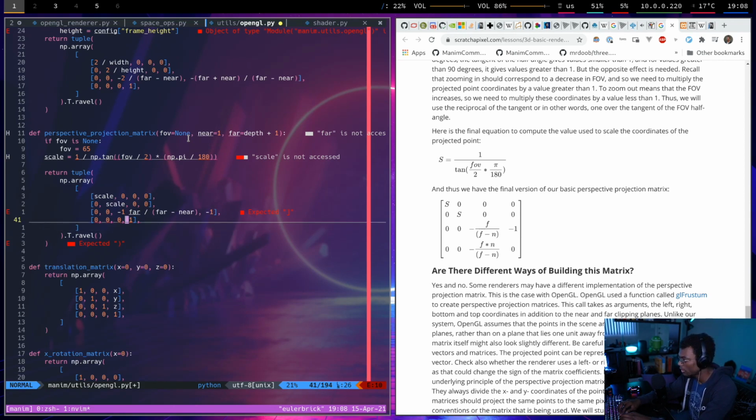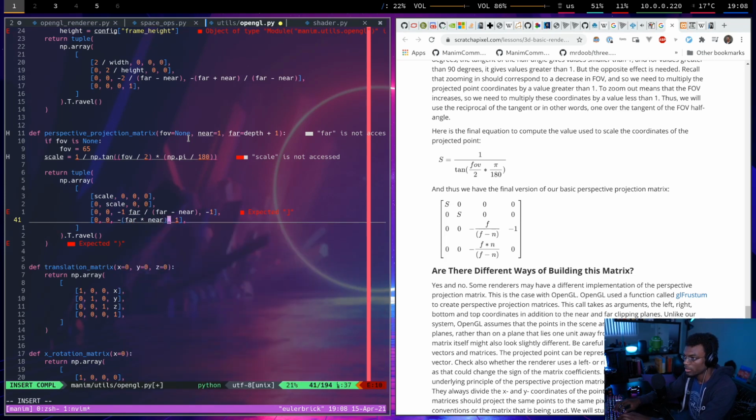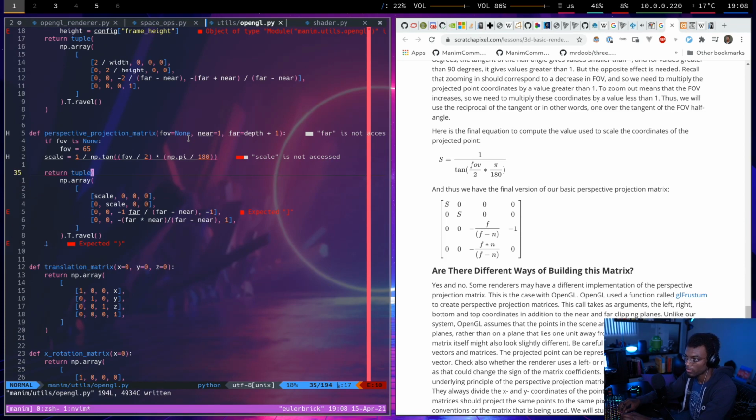And then here we have negative far times near divided by far minus near. The fact that this isn't auto-formatting makes me nervous. Expected right bracket. I don't get it. Oh, I have a -1. This should just be negative far.